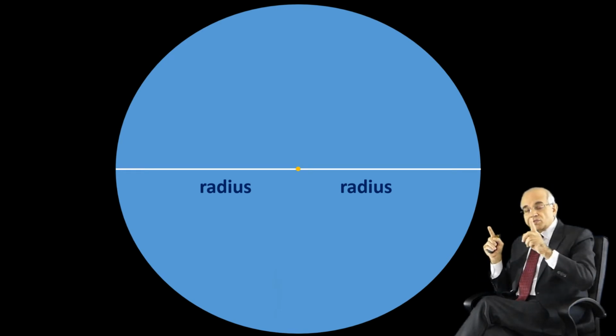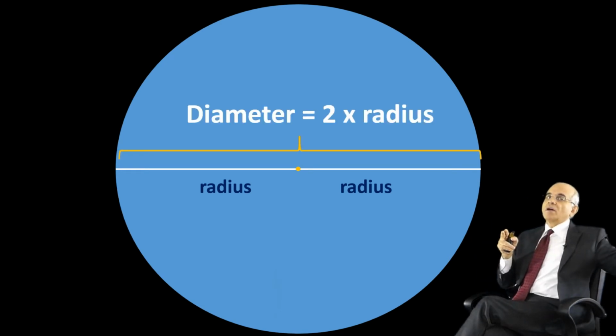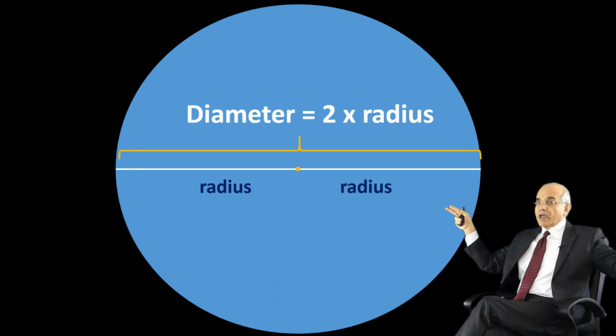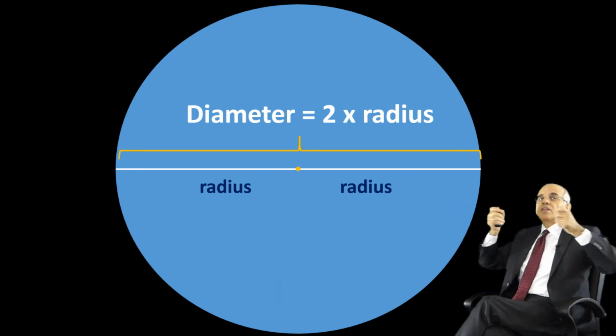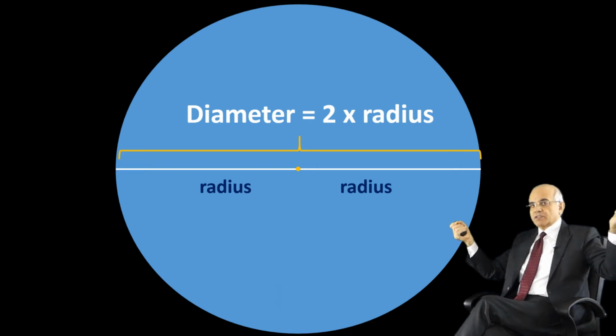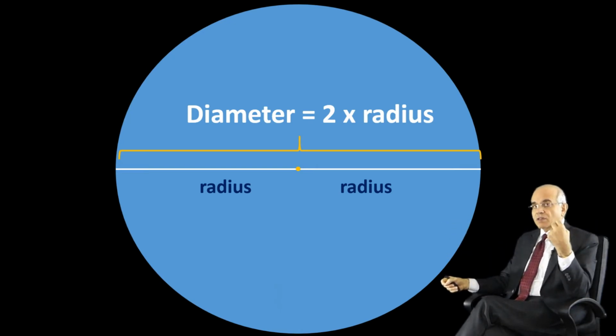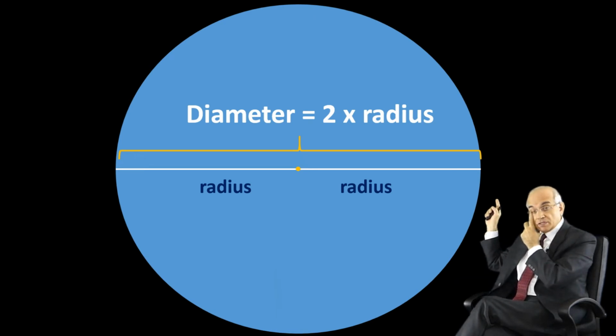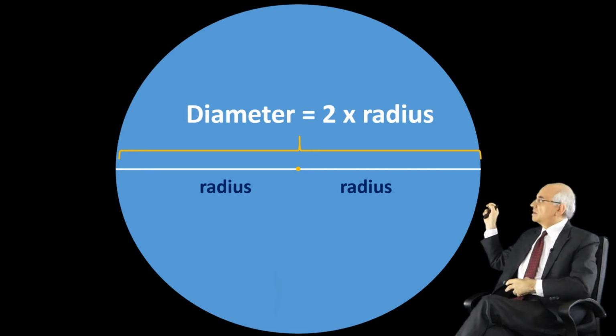And if you continue drawing the line from the center to the opposite side, the same line continues to reach the other side of the circle. The whole distance is called the diameter. So a diameter of a circle is twice the radius. Okay? And the radius is the distance from the perimeter to the center of the circle.